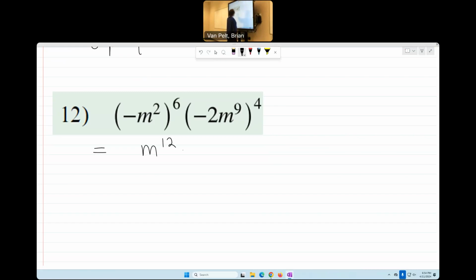Now, how about this part here? 6 is an even number. 4 is an even number. What do you think the next part is going to be? 2 to the 4th times m to the 36. 2 to the 4th. If you want to do it in 2 steps, you could do m to the 9th, then raise it to the 4th.